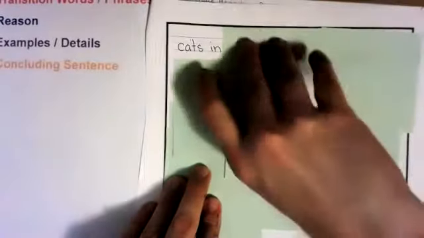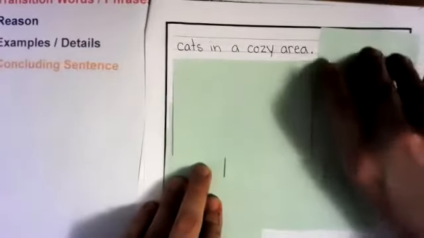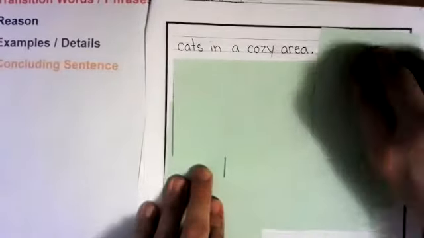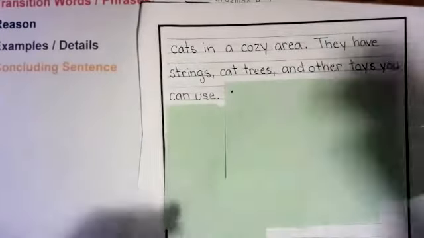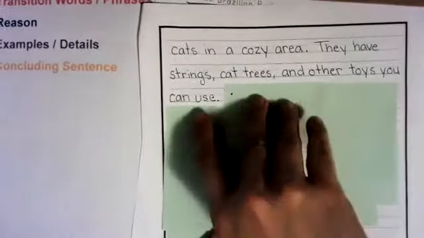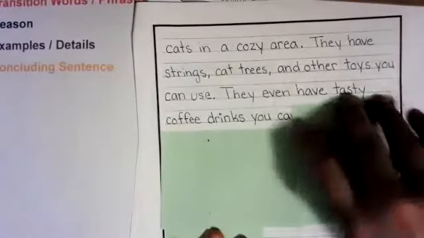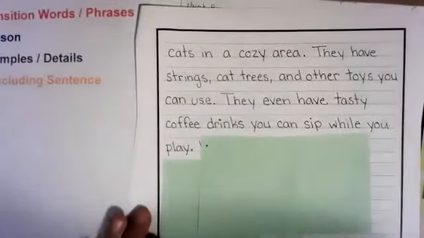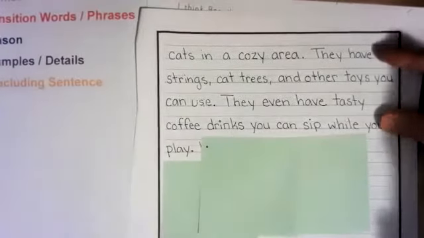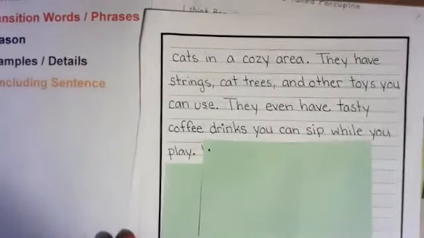You can play with cats in a cozy area. I remember I have a lot of examples of how they're fun to visit. They have strings, cat trees, and other toys you can use. There's a little more. They even have tasty coffee drinks you can sip while you play. See, these are all examples of how they are fun to visit.